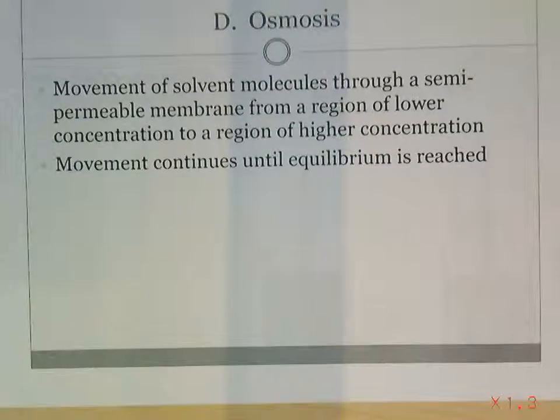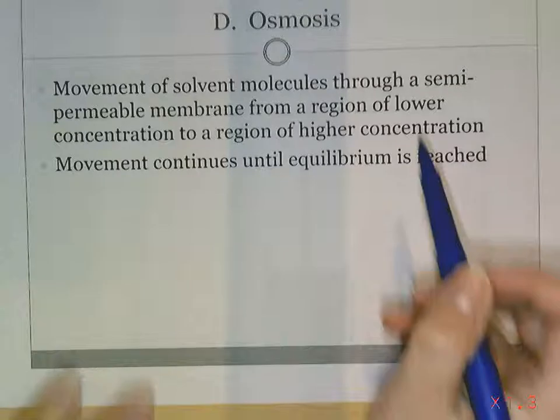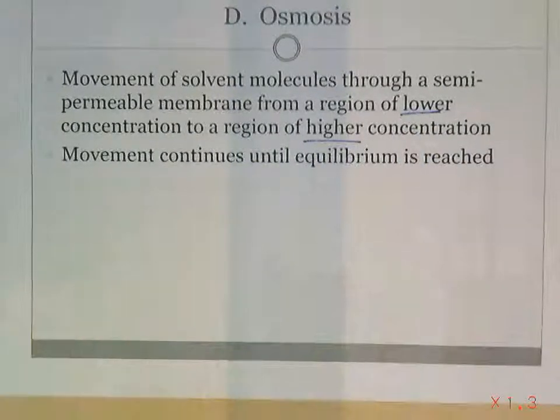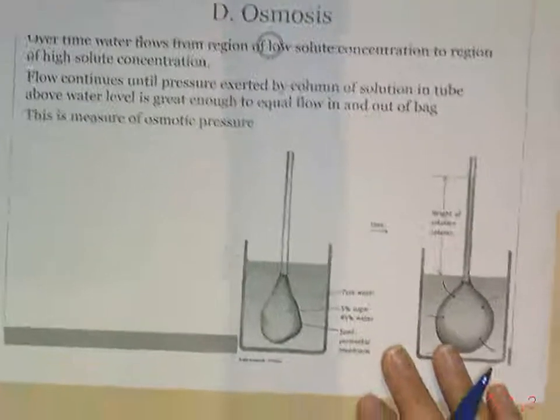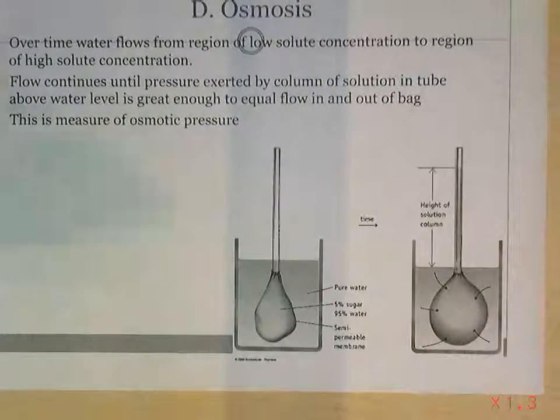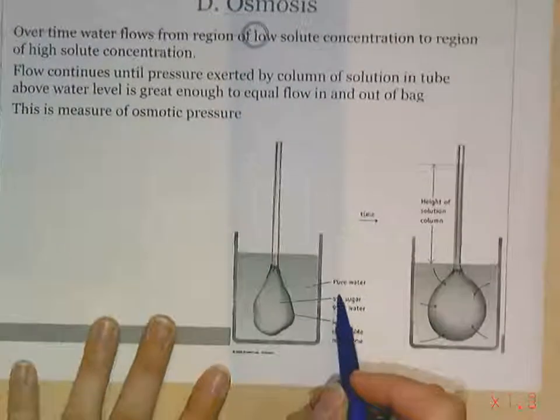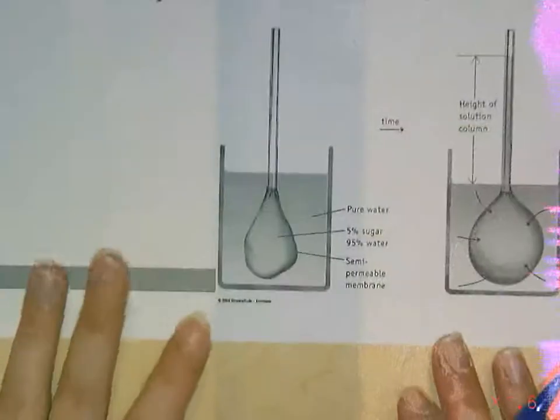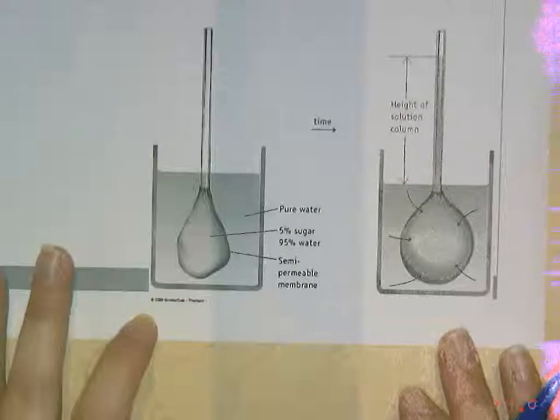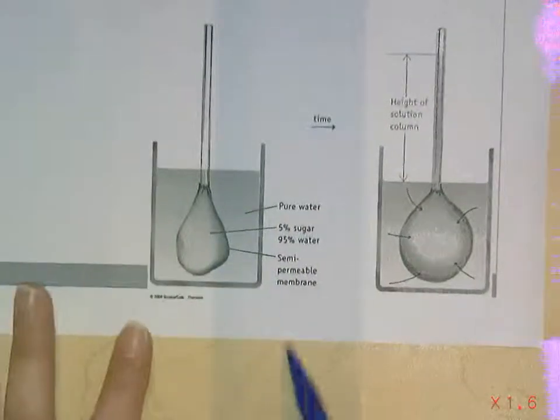All right, so osmosis, we're going to flow from low to high. So here's a picture that may be more helpful. So here's my pure water on the outside of my balloon. And inside my balloon, I have 5% sugar and 95% water.